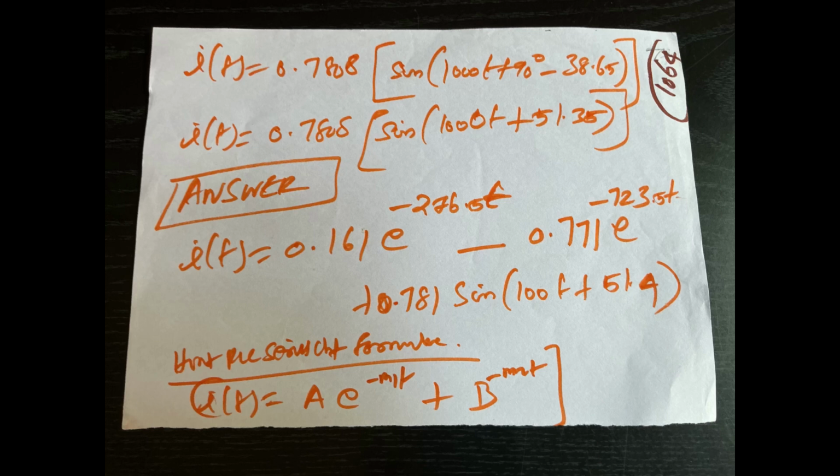We obtain di(0+) by dt is V divided by L. That is the third equation. Equations 2 and 3 are solved for A and B, and the A and B values are obtained.